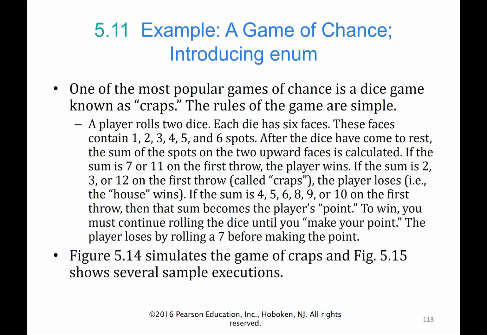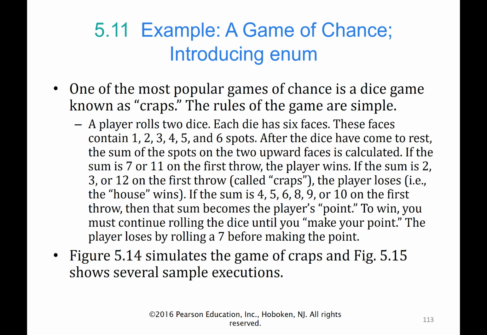If you get something other than that, 4, 5, 6, 8, 9, or 10, that becomes your point. So you keep throwing the dice until you reach your point. If you reach your point, you win. However, if you throw a 7 before you reach your point, you lose.